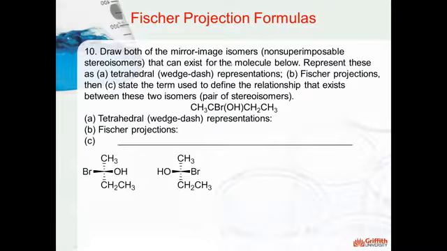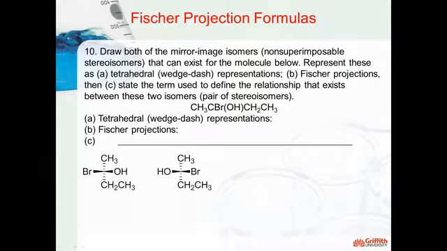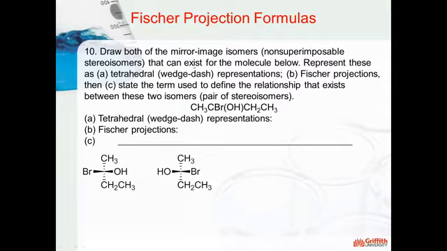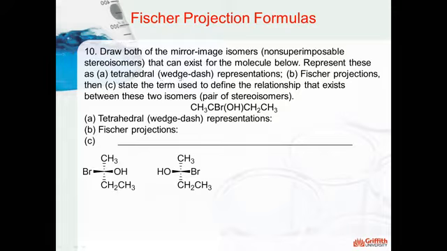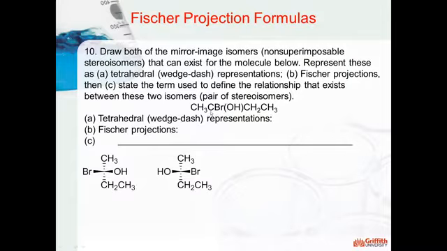This is from the short answer questions of the practice exam. In this one, we're asked to draw both the mirror image isomers that exist for the molecule below, first of all as tetrahedral, so wedge dash representation. So we've got CH3, C, Br, OH, CH2, CH3. Every carbon is going to have 4 bonds.